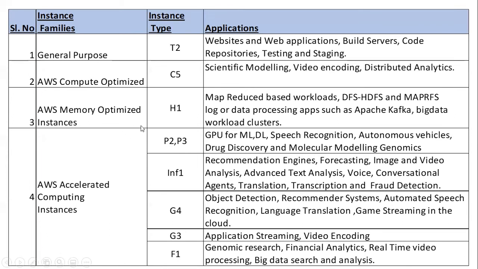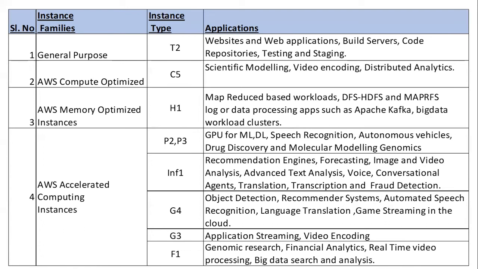Now, the third instance family here is what is known as AWS Memory Optimized Instance type. This is most useful if you are working on tasks which are memory hungry. One of the typical examples of this particular instance family is what is called as the H1 instance type.